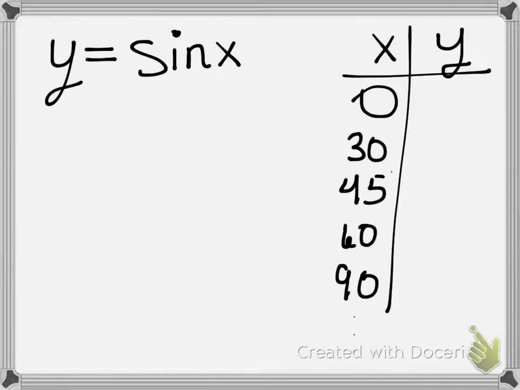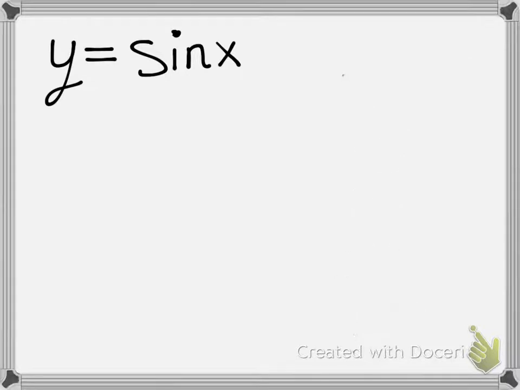And if we keep going until we get to 360 degrees, we're just going to graph all of these points. You can type those in your calculator. Take sine of 0. What does that equal? Take sine of 90. What does that equal? In fact, we'll write some of those down.